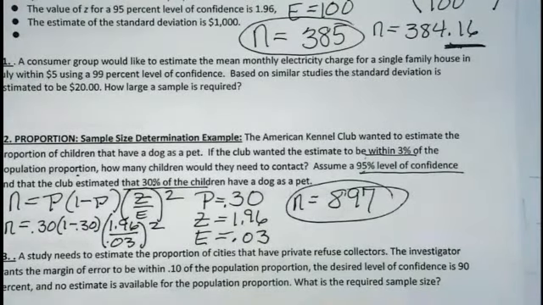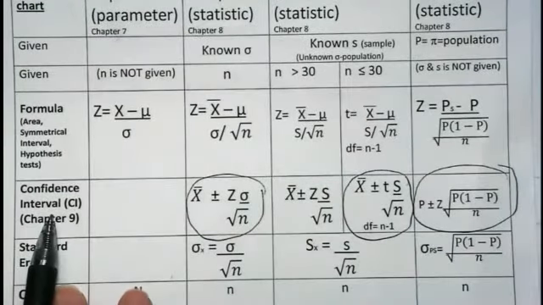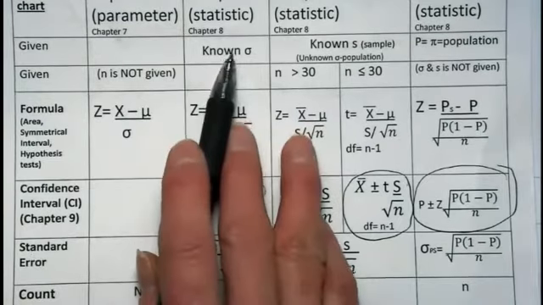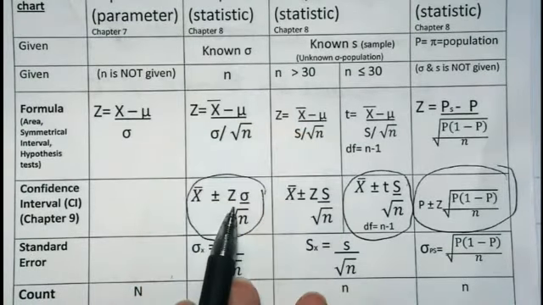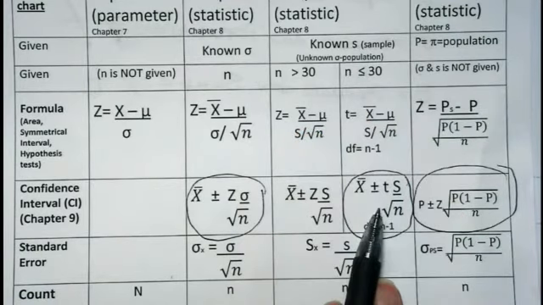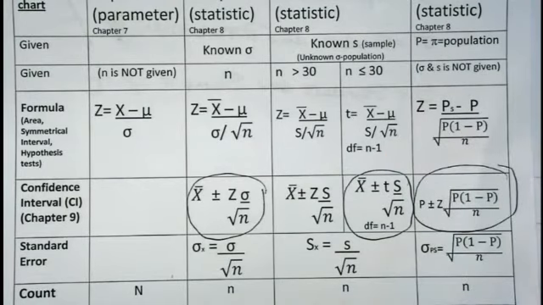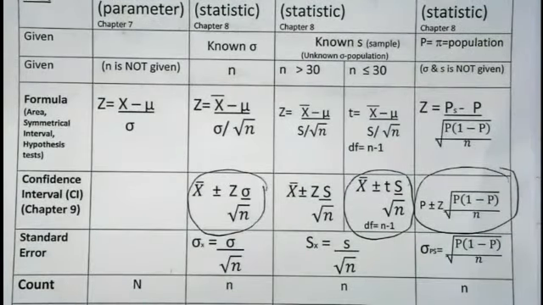So I've done an example of one of each type. I want to end with this: it's very important that you understand when to use these three formulas. We start off here in Chapter 9 with confidence interval. If we know the population standard deviation, it's a Z. If we know the sample standard deviation, it's a T. If we have proportion data, it's the proportion confidence interval.